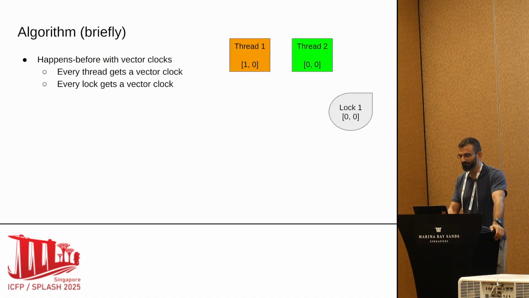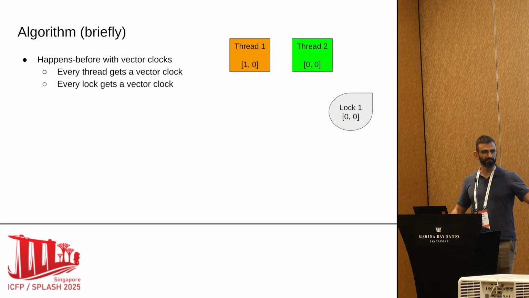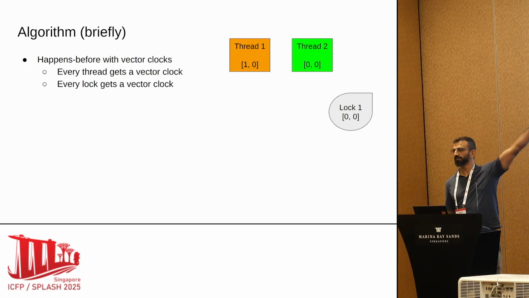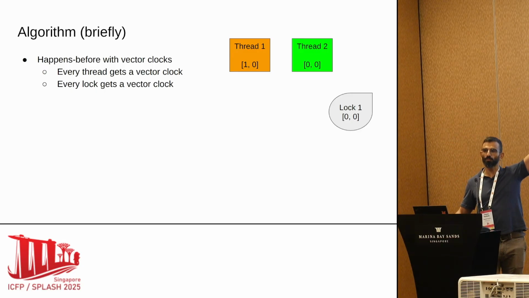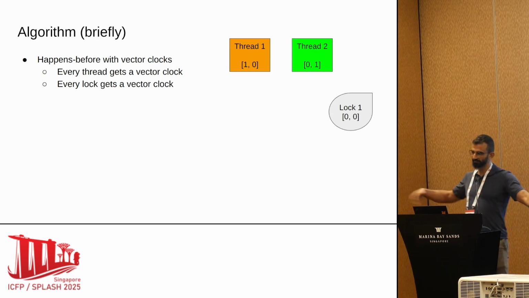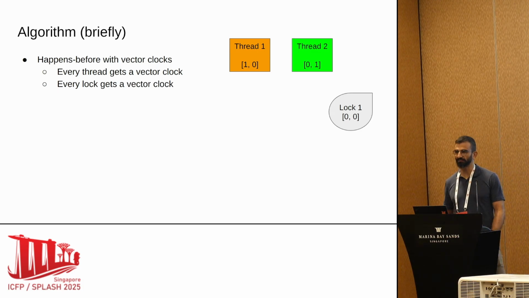And then every time a thread does something of relevance, it advances its clock. Right? So thread 1 is now at clock 1, at time 1. And then maybe thread 2 advances its clock, right? And so every thread can observe some notion of time.